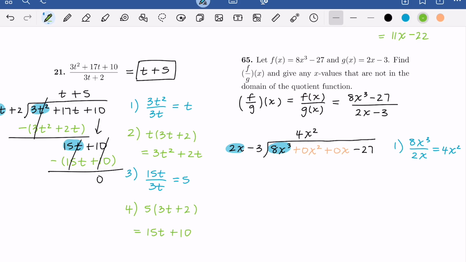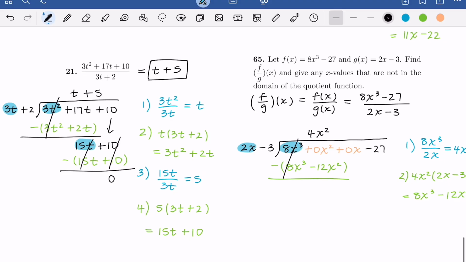Now we're going to take this result and multiply it by our divisor. Doing so, this is going to give us 8x cubed minus 12x squared. This is what we're going to subtract out from our function in the numerator. We're going to subtract out 8x cubed minus 12x squared.